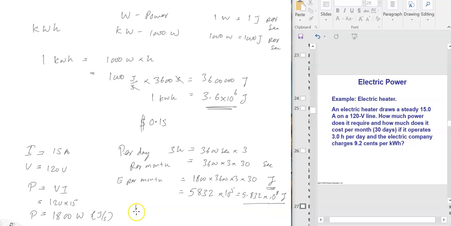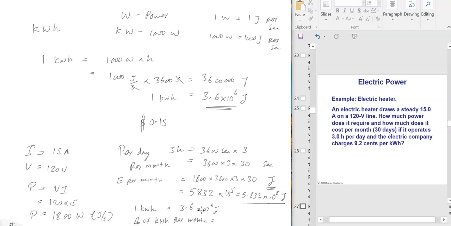We know that 1 kWh is 3.6 times 10 to the 6 joules. So how many kilowatt hours are in this? Number of kilowatt hours per month. We divide this 5.8 by 3.6.